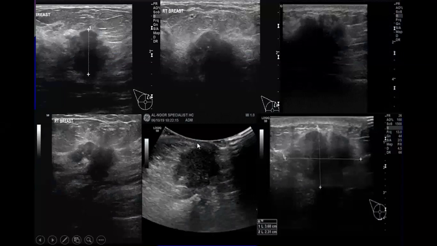Look at this image. This is our patient here. Look at these shadowing lesions, but by adjusting the parameters in the machine, we could eliminate some of this shadowing and visualize at least the posterior extent of the lesion. Also here, using the convex probe helps us visualize the whole lesion, and we could measure it well.